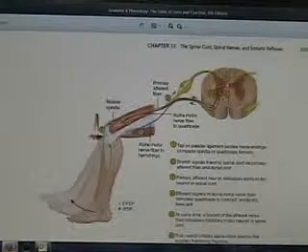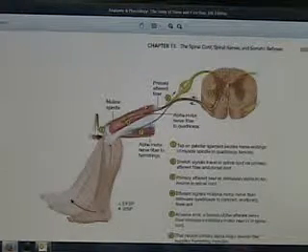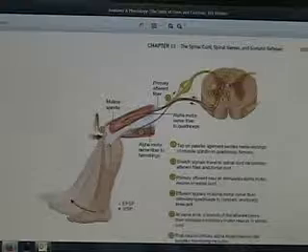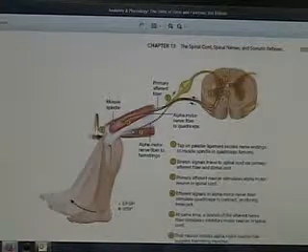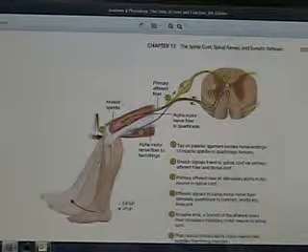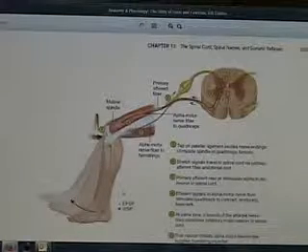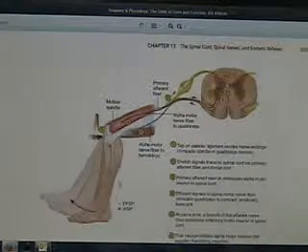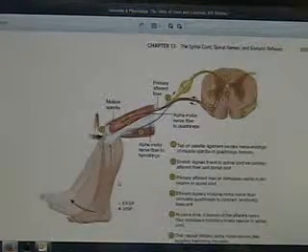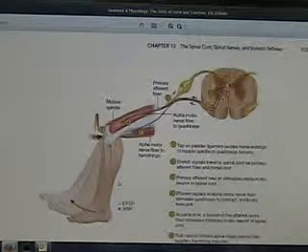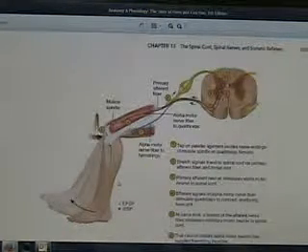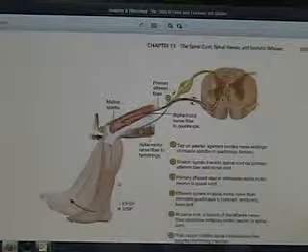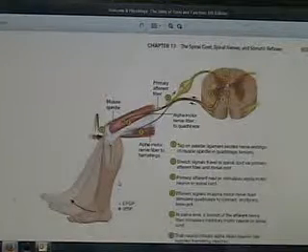Sensory afferent tract, interneuron, efferent tract, and that's it. So that's a nice picture of how reflexes go. And that's figure 13.21, page 503 in your text.